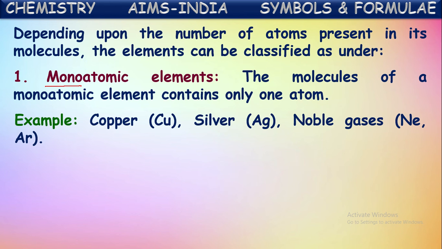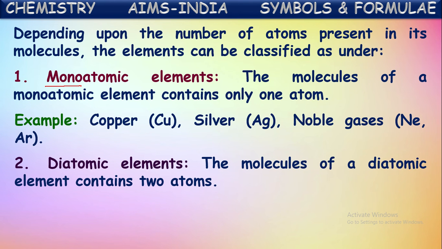For example, metals like copper, silver, and some other elements like noble gases: neon, helium, argon, krypton. These won't exist in a group. In their molecules, they contain only one atom. So these are all considered as monoatomic elements.